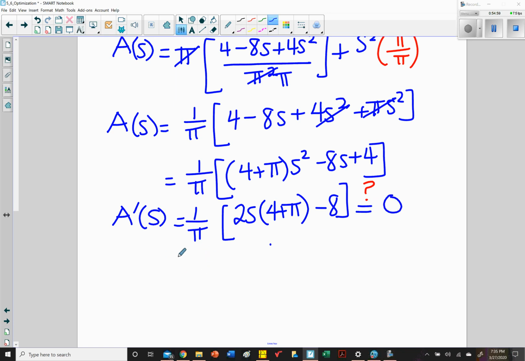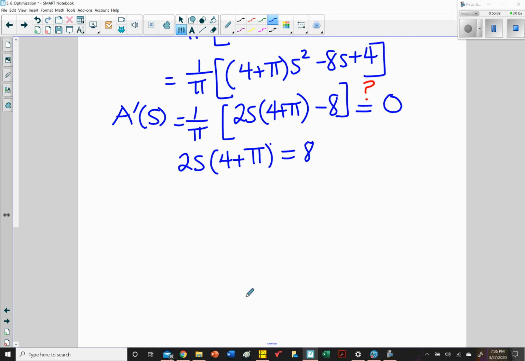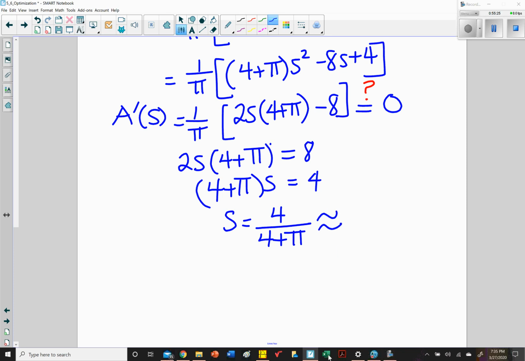So in the numerator, when 2s times (4 plus pi) equals 8, I added 8 to that side. We could divide by 2: when (4 plus pi)s is 8 divided by 2, which is 4. So when the side is 4 over 4 plus pi, let's go to the calculator.